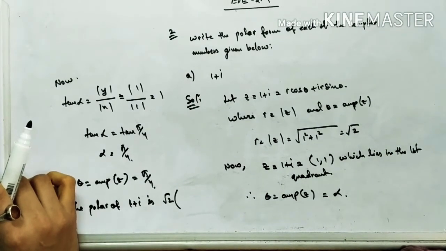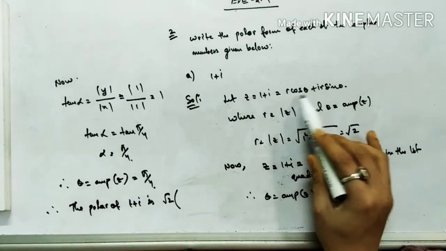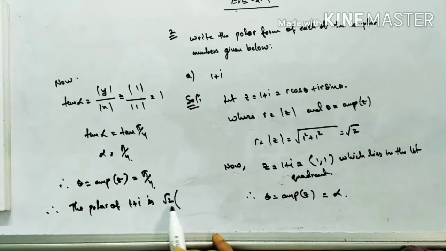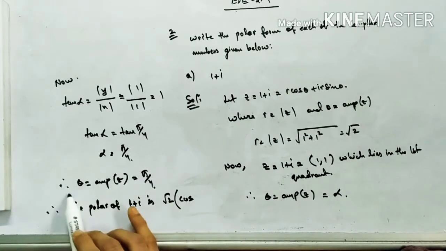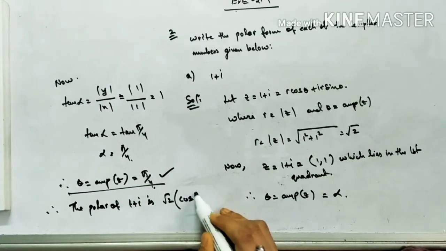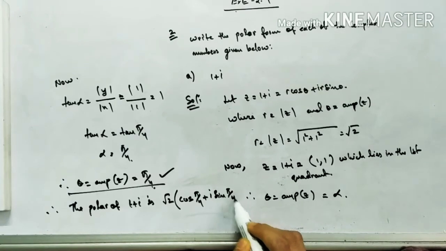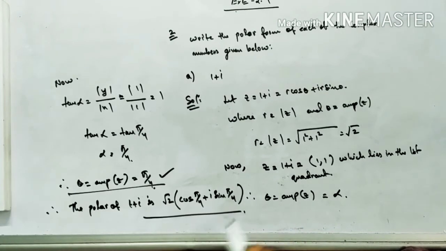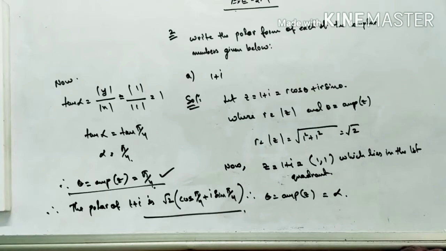So if I take r common, root 2 into cos theta, where the theta value is pi by 4, so cos pi by 4 plus i sin pi by 4. So this is the polar form of 1 plus i. In this way you can do.